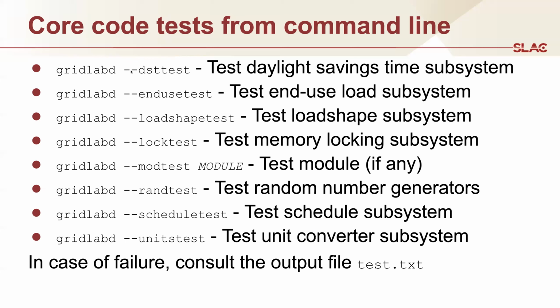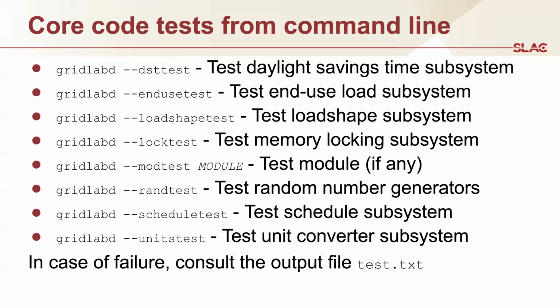So for example, the daylight savings test, this first one, basically checks to see that daylight savings time changes on the days when it is expected to change. And so it will do things like testing the week before on Sunday, the day before, the day of, a day after, and the week after, to make sure that the daylight savings time changes at the exact time it's supposed to change for a given year.